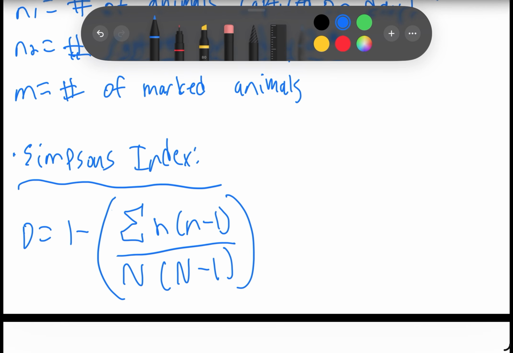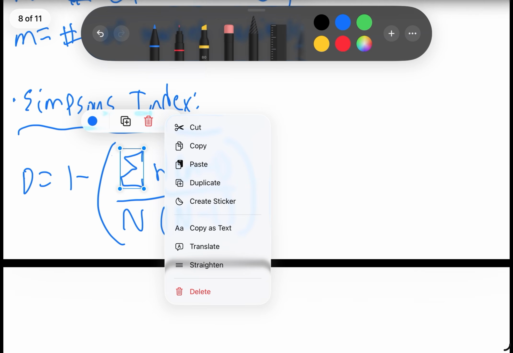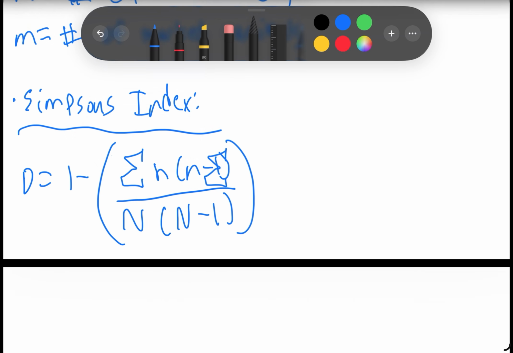The sigma, let me duplicate that because there's no way I'll be able to recreate that. That is the sum of all the animals that are captured.